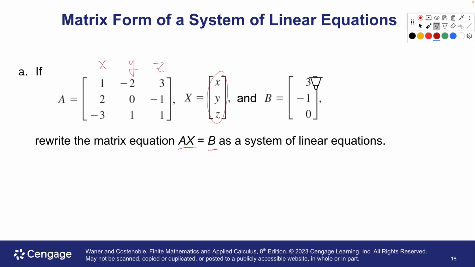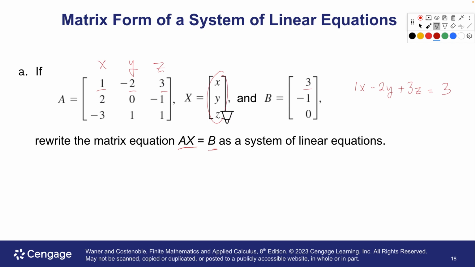And then, thinking of them as equations, the B matrix becomes sort of like the answer matrix. So what we get is the first equation, if we were to translate from here, is going to be 1x minus 2y plus 3z equals 3. Notice I'm getting those right from that first row.